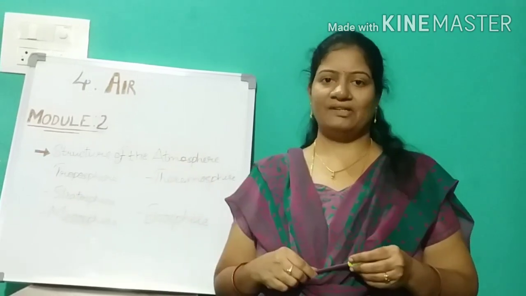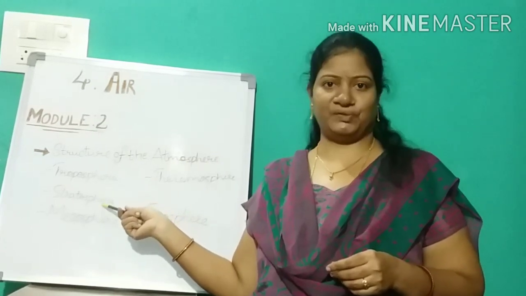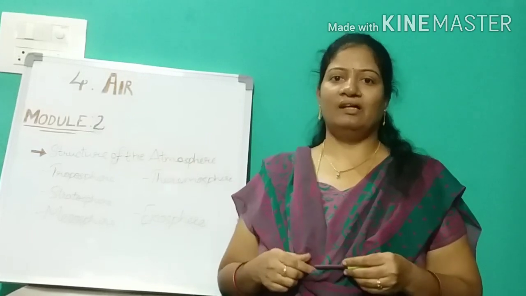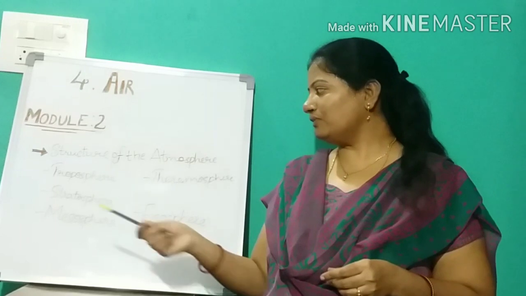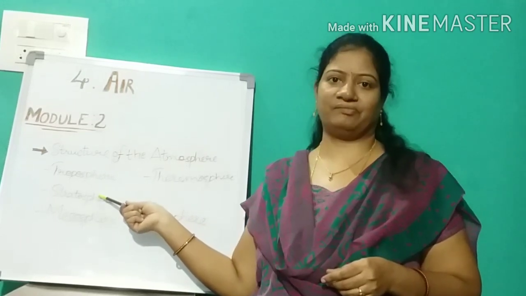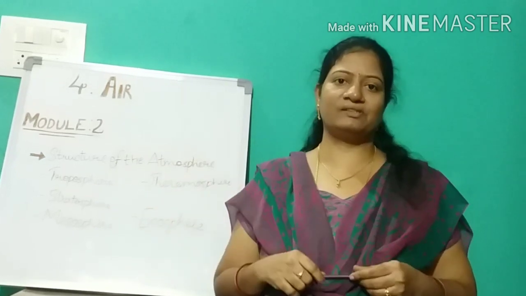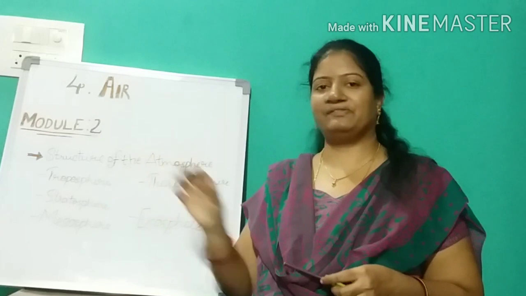In this stratosphere only we can find the layer of ozone, a very thin layer, and because of CFCs it is being destroyed, right? So we need to avoid CFCs. Flights while traveling also release CFCs.